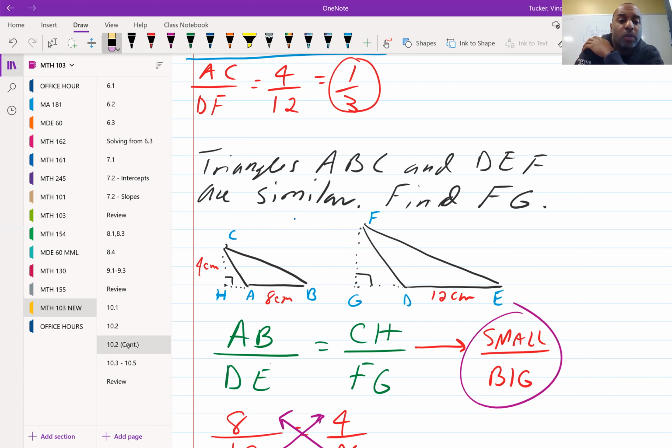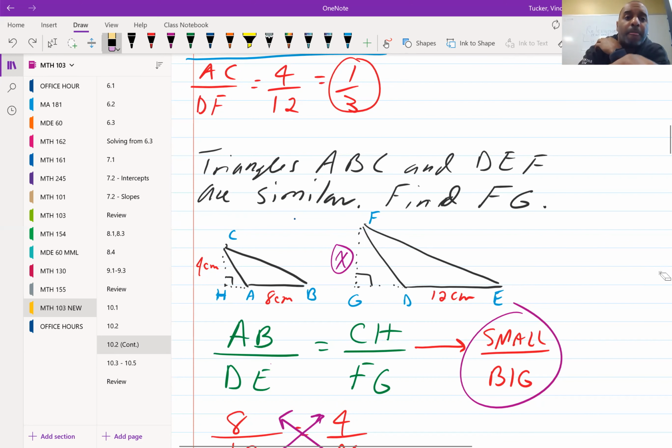All right, so notice we have the bottom side is 8 and 12, 8 for the small, 12 for the large. And then we have the height is 4 for the small. FG is what we're trying to find for the large, so I call that X.